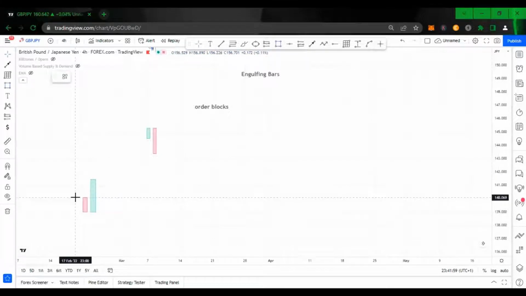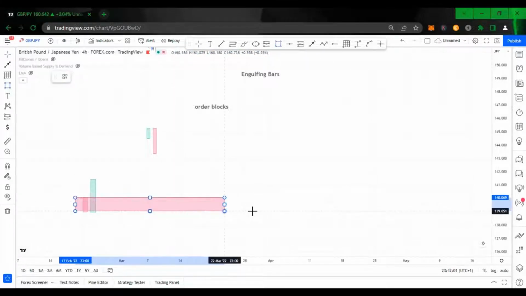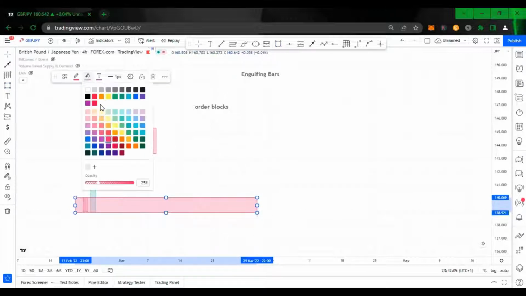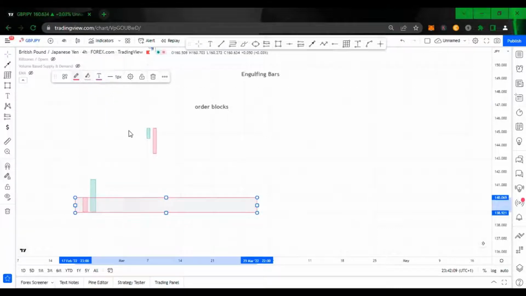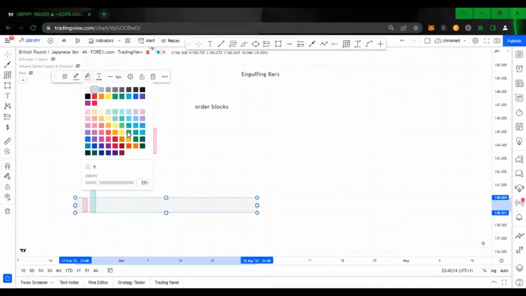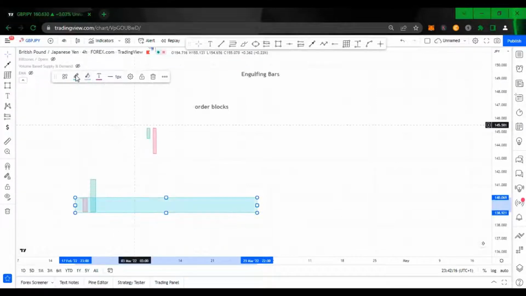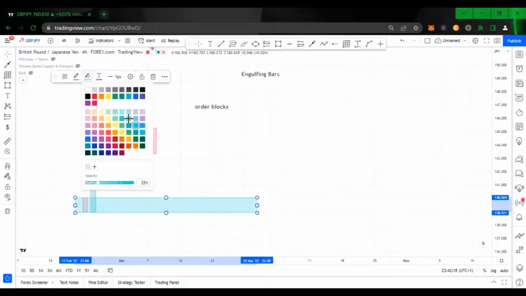So let us say the market creates an order block like this, and we mark it just like that. I need to set up my colors back, let me use a random color, this color is too bland. Let me use this and then fill it up with something lighter.